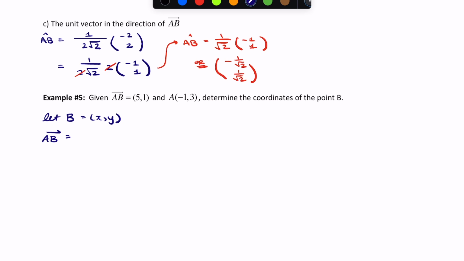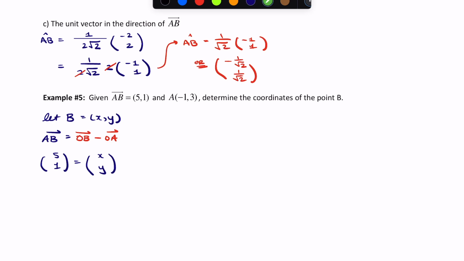And again, we know that vector AB can be represented as vector OB minus vector OA. Here we know that vector AB is 5 and 1. We don't know here our vector OB, so represented as x and y.